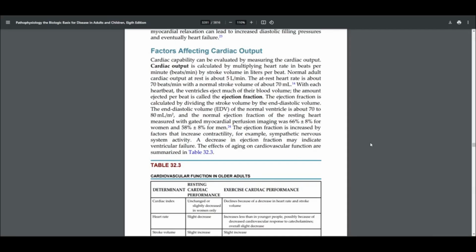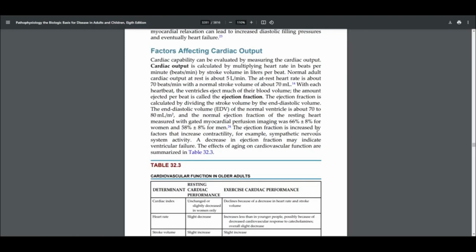The effects of aging on cardiovascular function are summarized in Table 32.2. So I think today's studies say that an ejection fraction of 60 to 65% is considered normal, but it can be as high as 65 to 70%. And I believe it is the same for men and women.